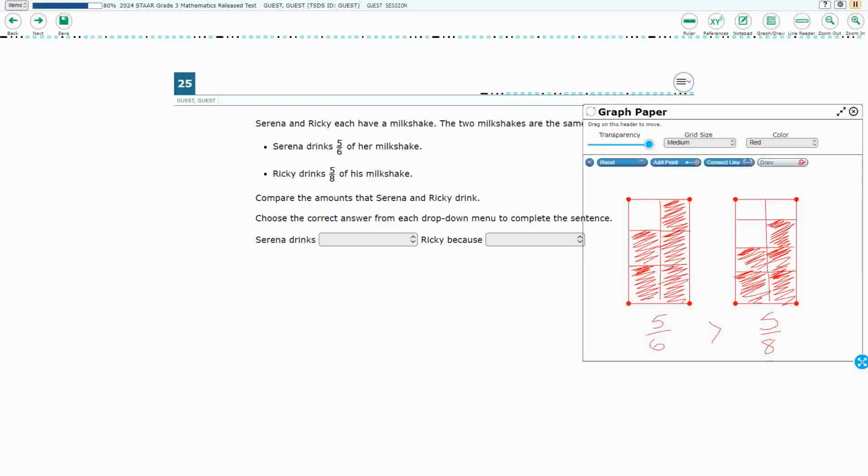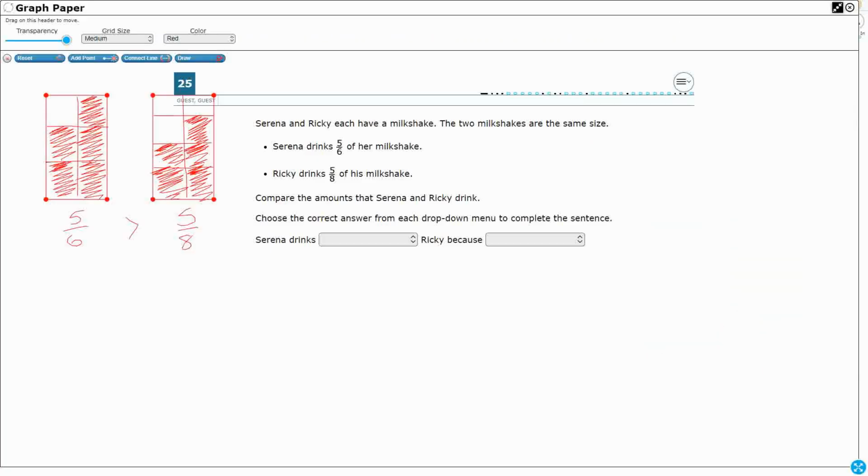But sometimes you can't always draw a really good picture, or you might not be able to trust the picture you draw if it gets sloppy or the lines aren't straight. So let me show you another way that you could compare these two, 5/6 and 5/8. Think about each of these numbers.